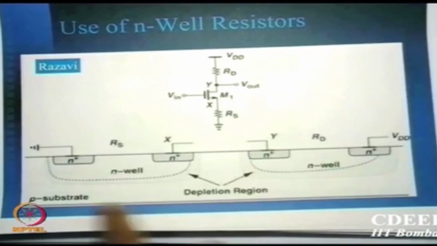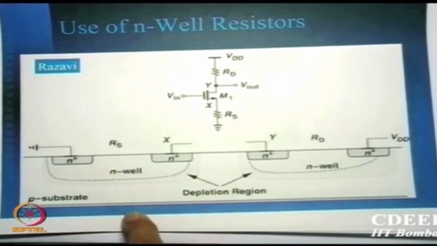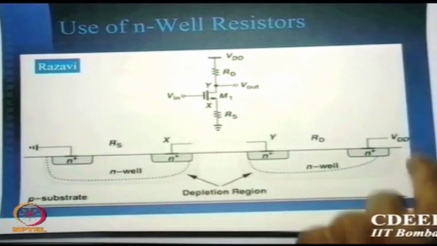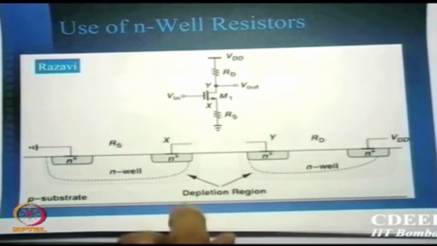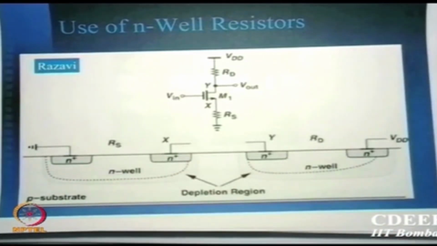Since it is a P substrate, this is an NP junction. So there is a depletion layer going on, is that clear? This depletion layer should not connect. This is called punch through, where the two resistors will get connected. So there is a rule up to which two resistors could be brought together.